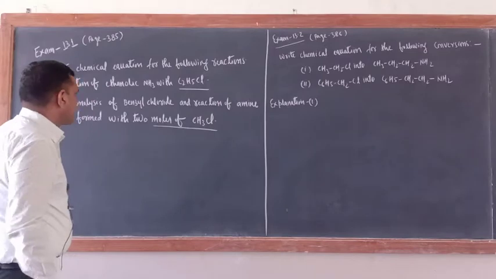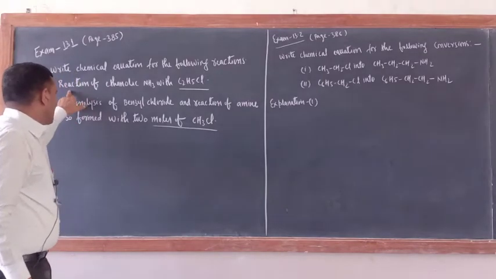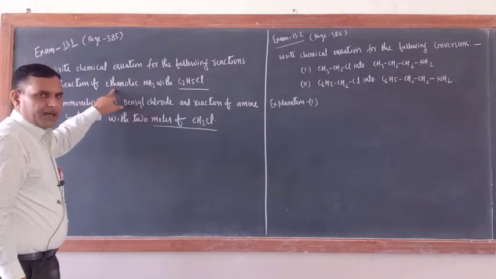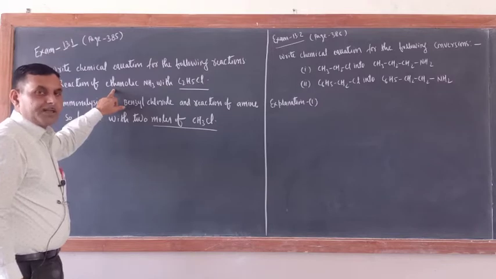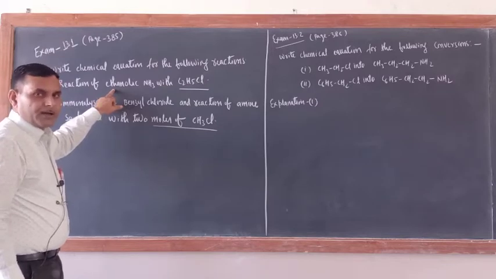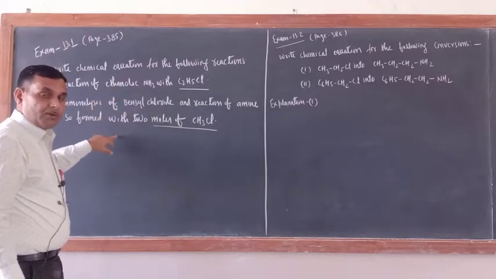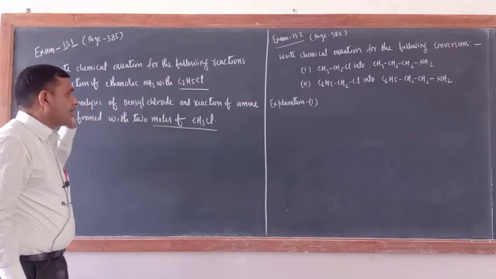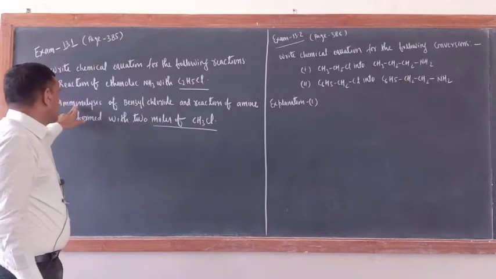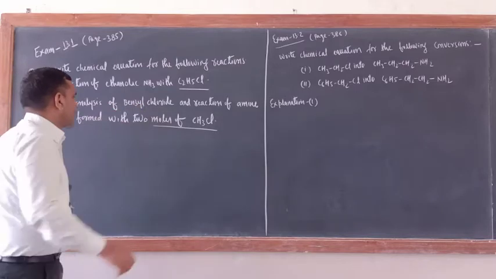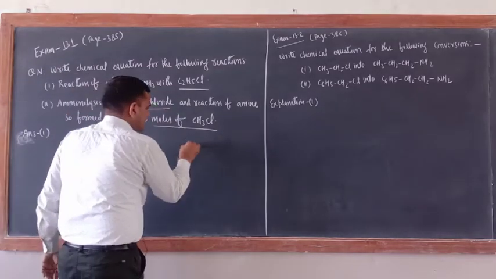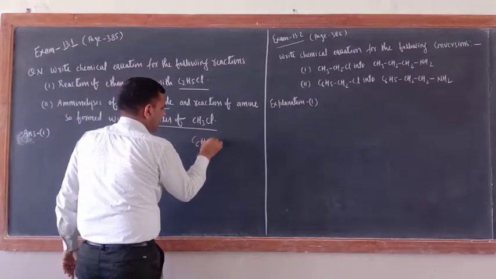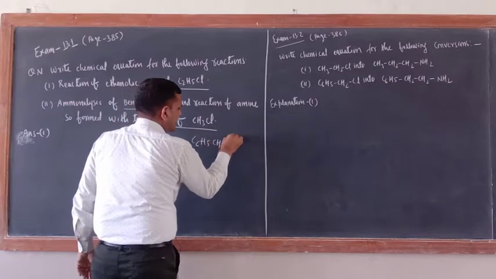Now just see. In the NCERT book, they have explained the first one, the reaction of alkyl halide with ethanolic ammonia. But the reaction of benzyl chloride with ethanolic ammonia, they have not explained. So, ammonolysis of benzyl chloride. Benzyl chloride means C6H5CH2Cl.